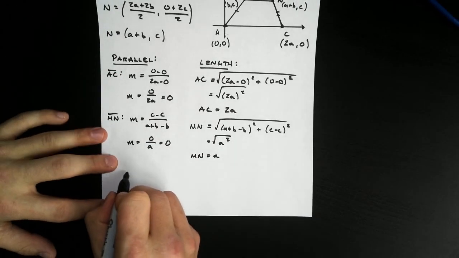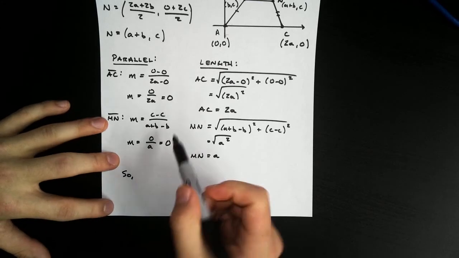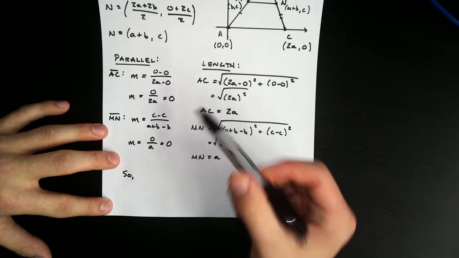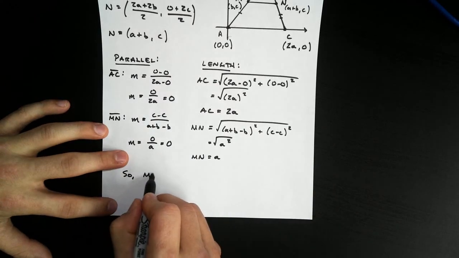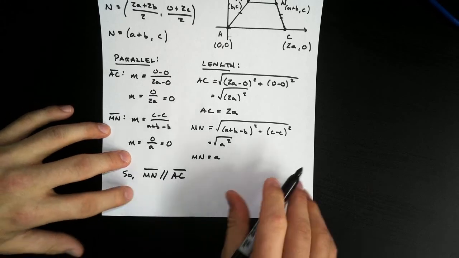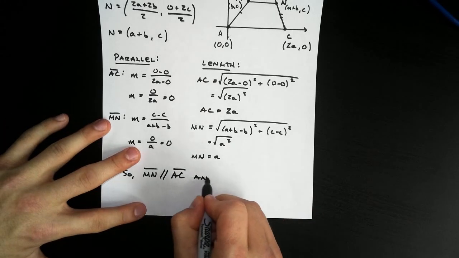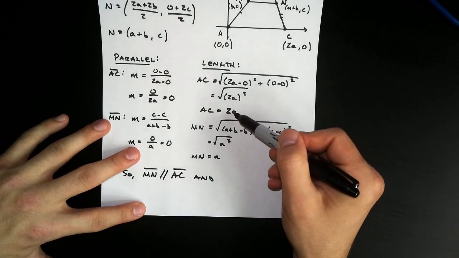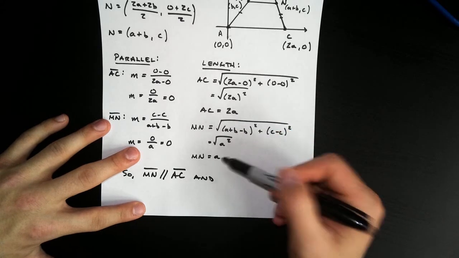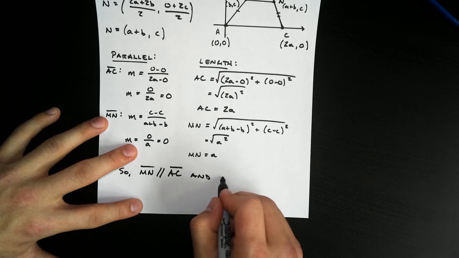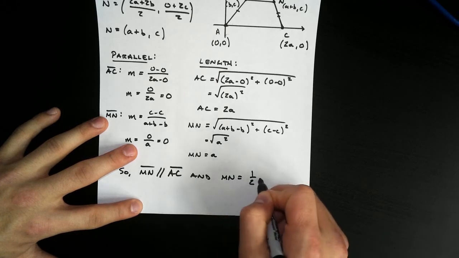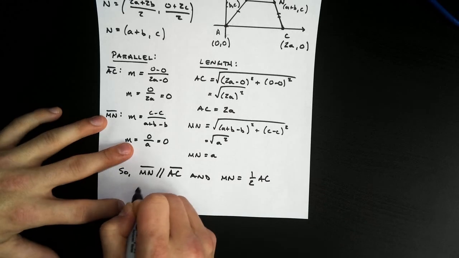So, because these two segments have the same slope, mn is parallel to AC, and because AC is twice as big as mn, we know that mn is equal to half of AC.